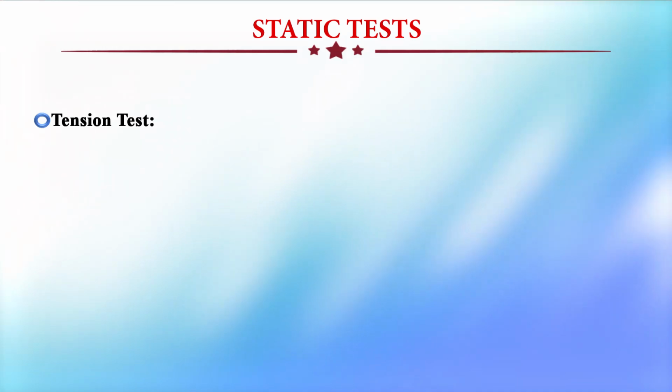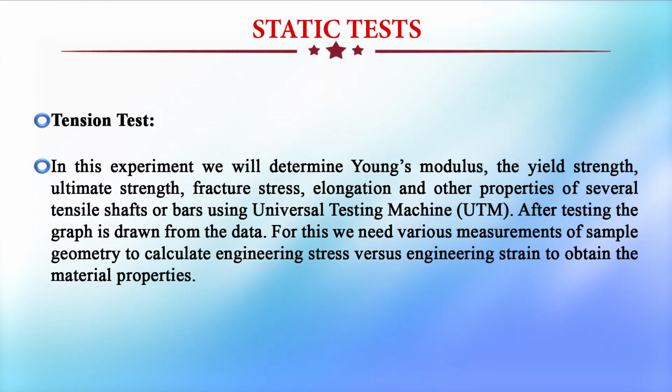Static test: tension test. In this experiment, we will determine Young's modulus, yield strength, ultimate strength, fracture stress, elongation and other properties of tensile shafts or bars using a universal testing machine.